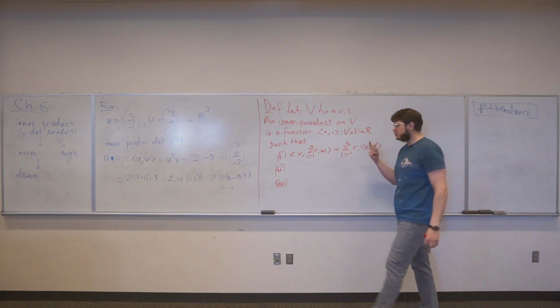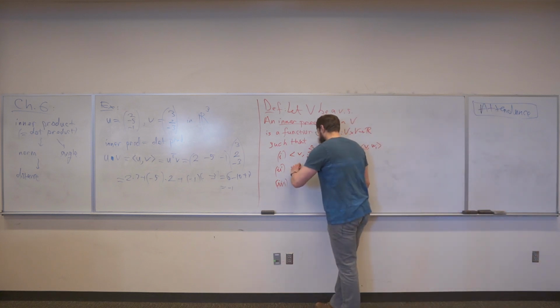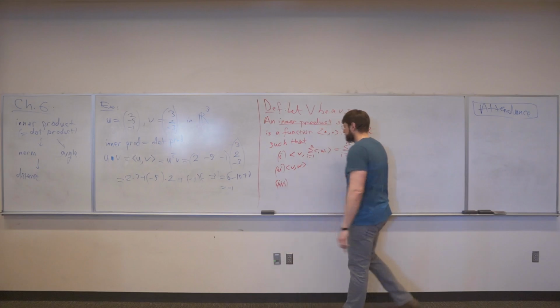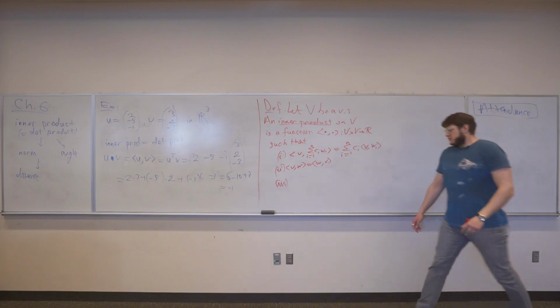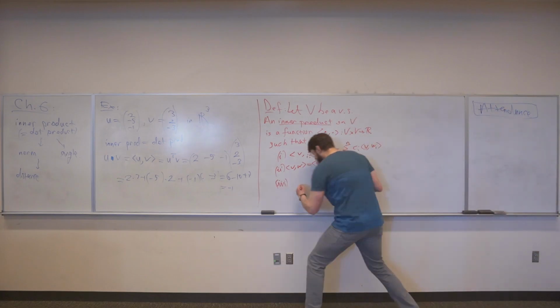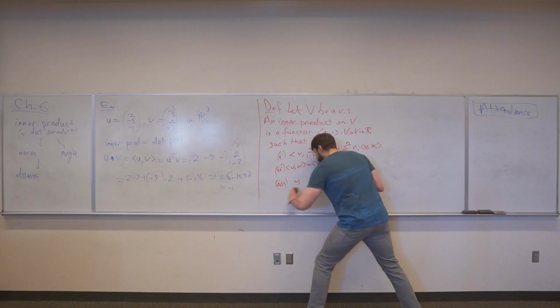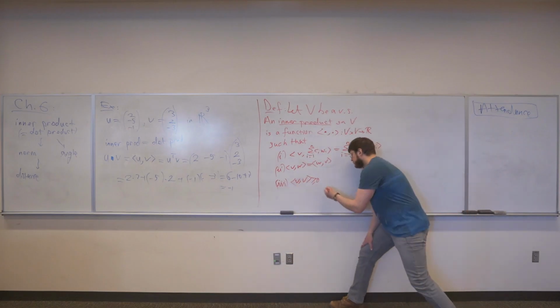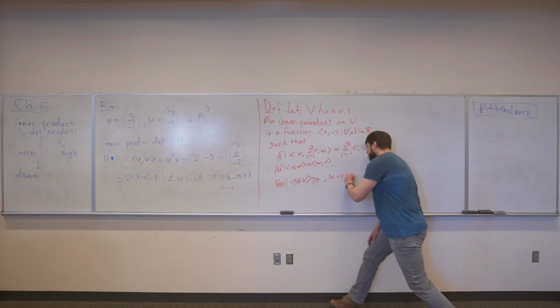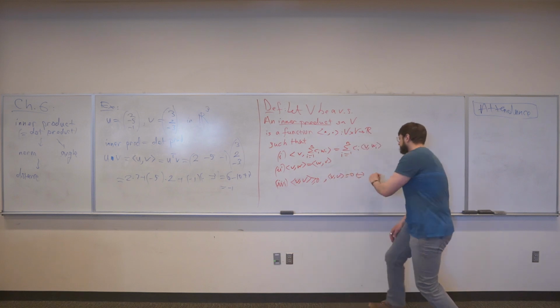You get to flip the orders. V against W is the same thing as W against V. And you also have, if you dot anything by itself, it's always going to be non-negative. And V against V is 0 is the same thing as saying V is 0.